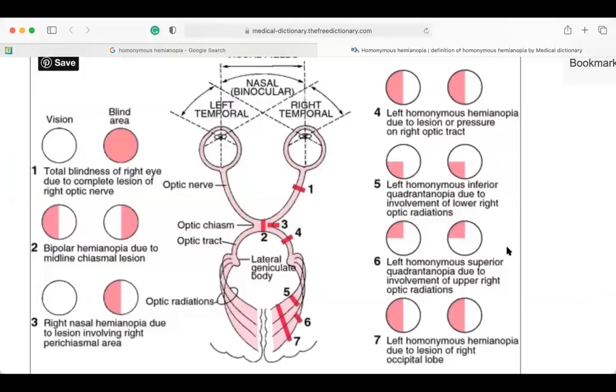So you see this new slide. Homonymous hemianopia is this. The same visual field on both sides is gone. This is left homonymous hemianopia due to a lesion on the right optic tract. You know, the optic tract passes through the temporal lobes in order to get through the parietal and the temporal to get to the occipital, right? Because the MCA supplies the lateral part of the parietal and the temporal, there will be a disruption in the optic tract, and that's why the person will have left homonymous hemianopia.